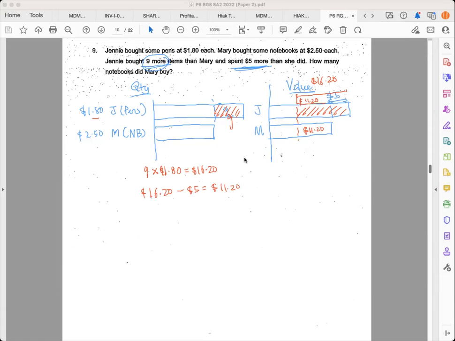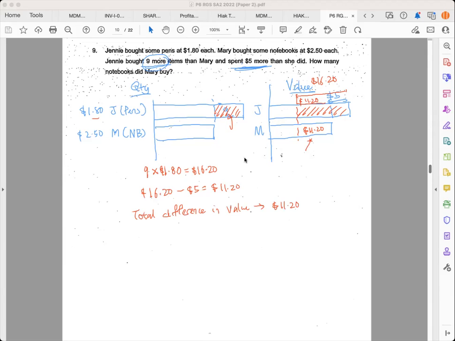What that means is that after you remove 9 pens from Jenny, the total difference in value will be $11.20.